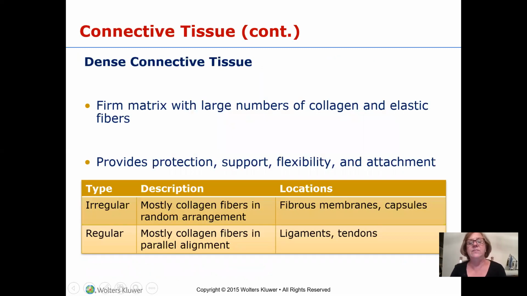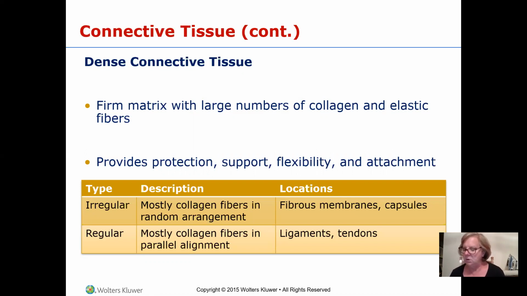Okay, and then the next type that is classified under the connective tissue is the dense connective tissue. Those are either irregular or regular. The way that you can look at this is by considering where they are located.